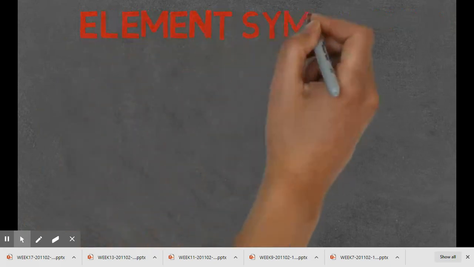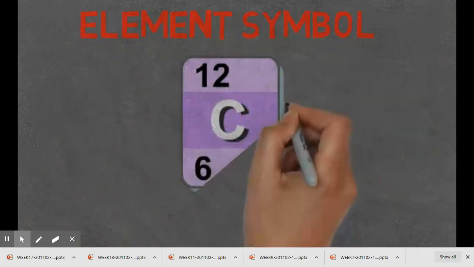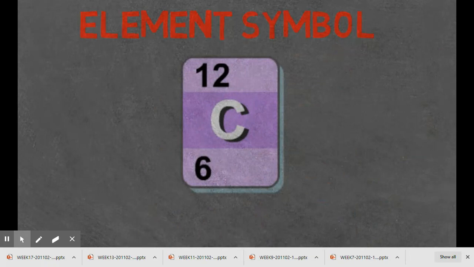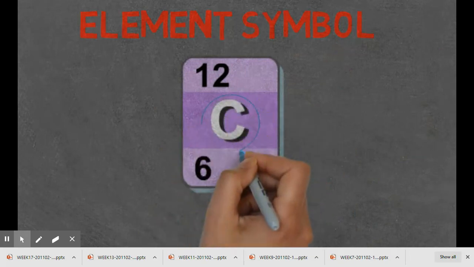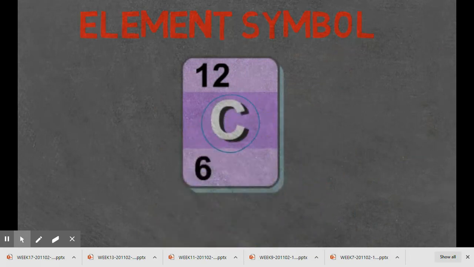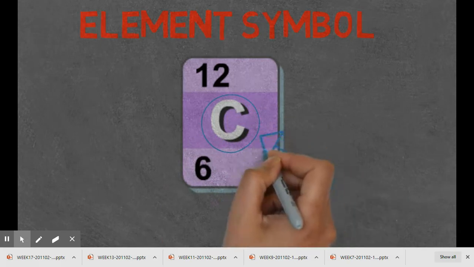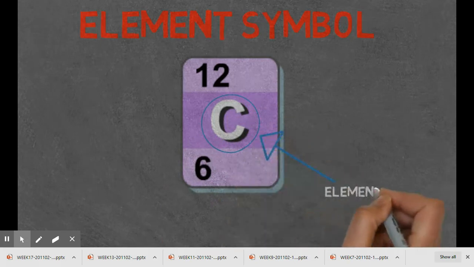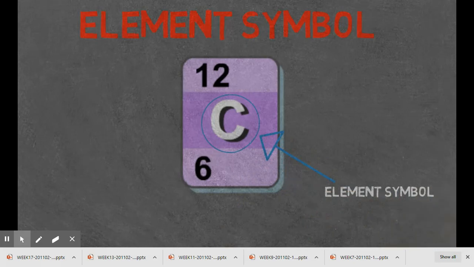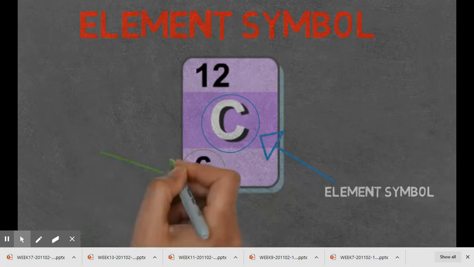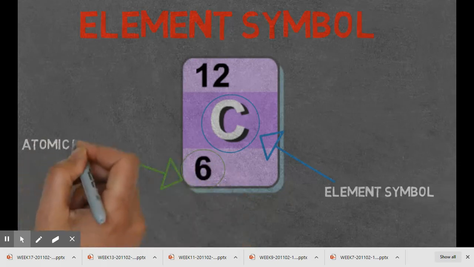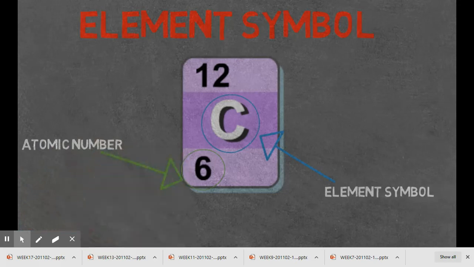So if we look at an element on the periodic table, for example, carbon, we see that it has two sets of numbers and a letter. The C is carbon's element symbol, and this is how it is represented in chemical formulas. For example, CO2, so what we breathe out, the C stands for carbon, and the O stands for oxygen. The 6 is carbon's atomic number, so this is how many protons the atom has.